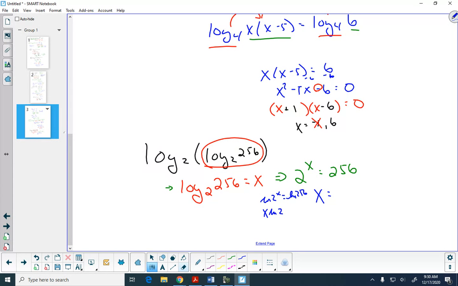X equals 8. X equals a value of 8. So this value here is a value of 8.